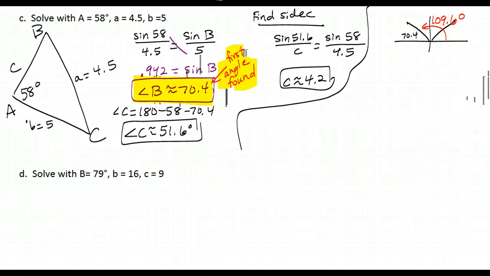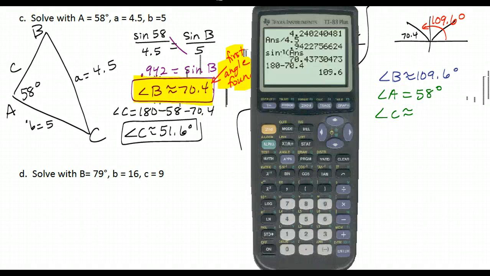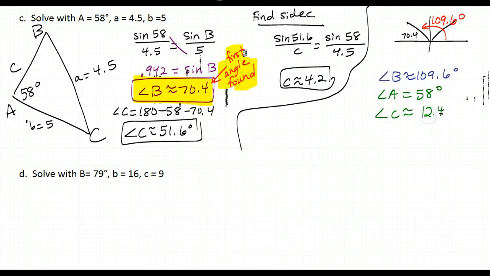So the question is, could angle B potentially be 109.6 degrees also. So let's test it. Angle A was 58. That was given, so I know for sure that's true. Will angle C be a positive number is the question. If it's negative, there's no second triangle. If it's positive, there is. And it is, because it's 12.4 degrees.